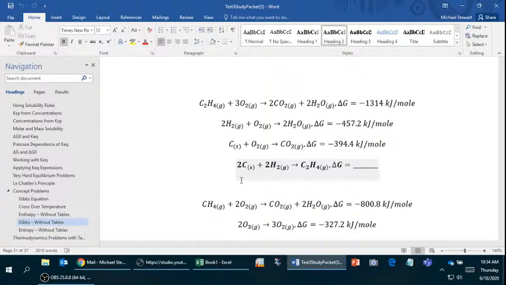Third reaction, carbon plus oxygen goes to CO2, the delta H of minus 394.4. I'm sorry, these are delta G's, not delta H's. Force of habit. And the last reaction, 2 carbon plus 2H2 goes to C2H4, and this is the reaction we're trying to solve.